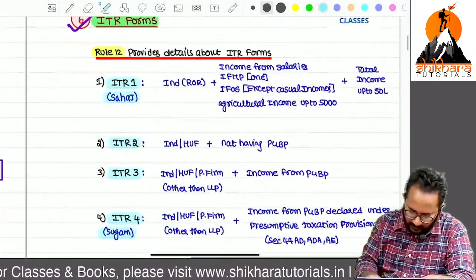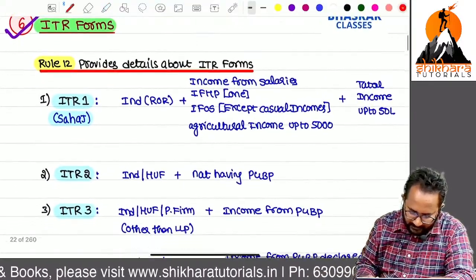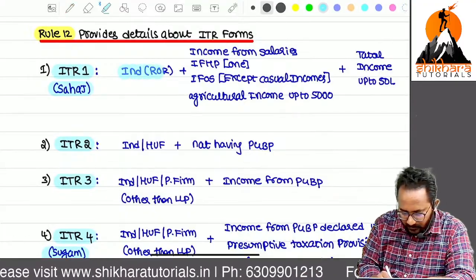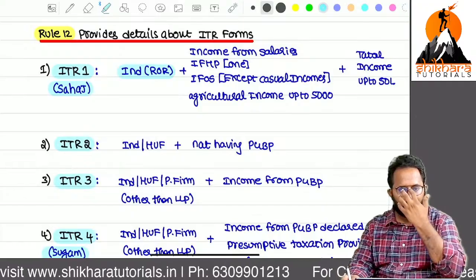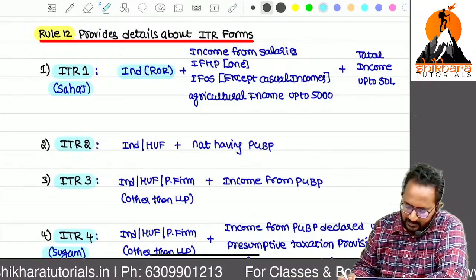One by one we can start. ITR 1 can be used by which type of assessees for filing of return, ma'am? First of all, an individual having the residential status of what, ma'am? Resident and ordinary resident.